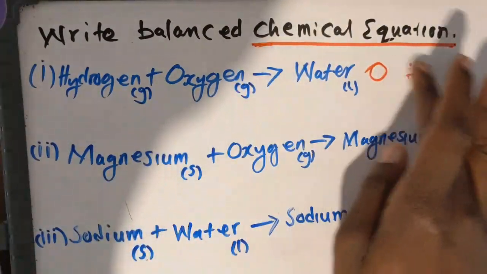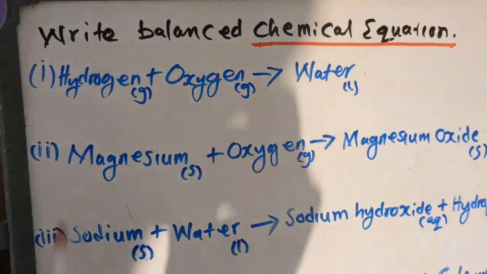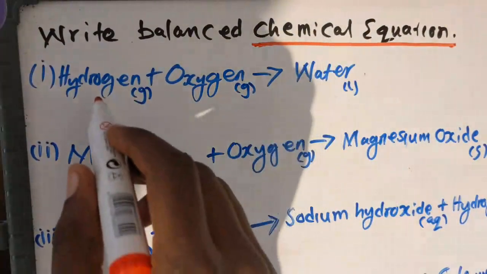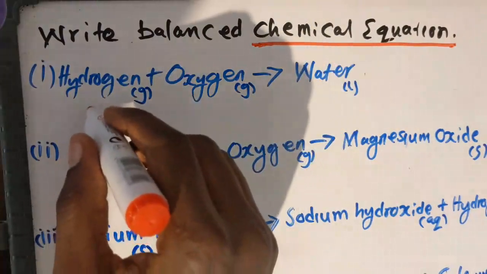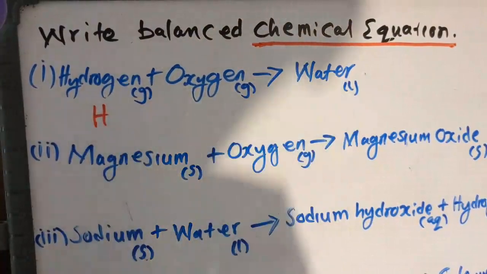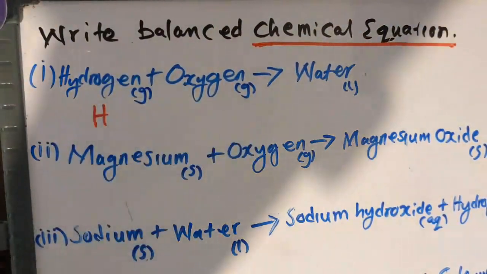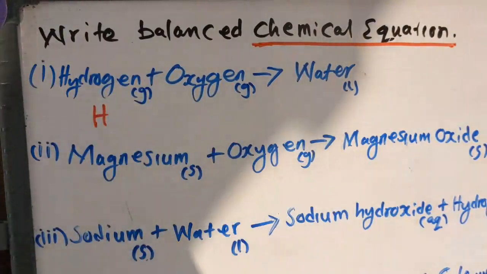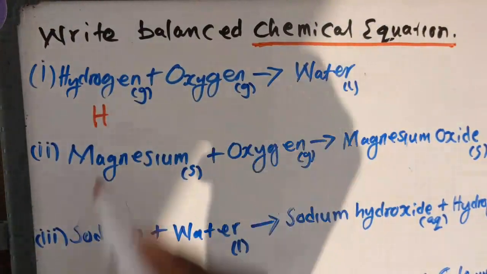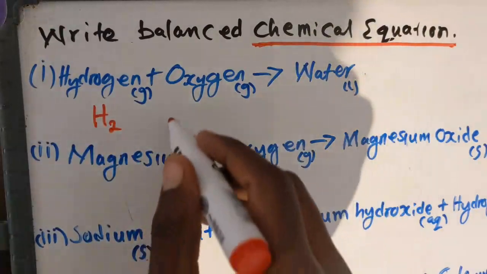Now how do you write an equation of this? We have hydrogen, so we are going to put hydrogen, but what you need to know is that these are diatomic molecules. Hydrogen and oxygen are diatomic molecules, meaning that they exist like this, not as a single atom.